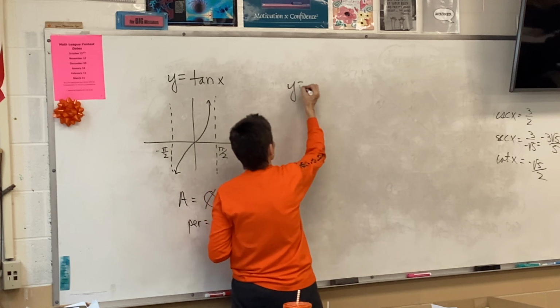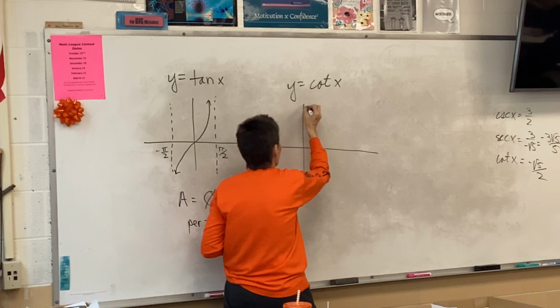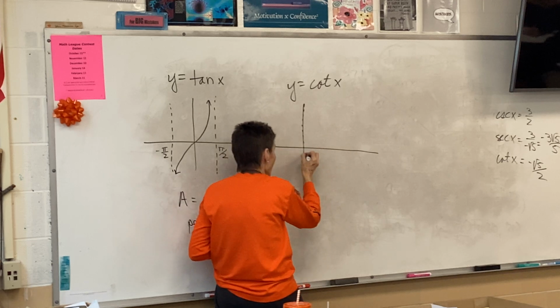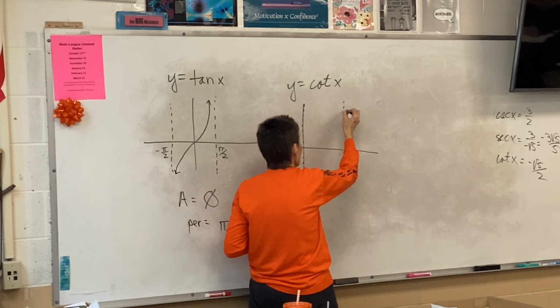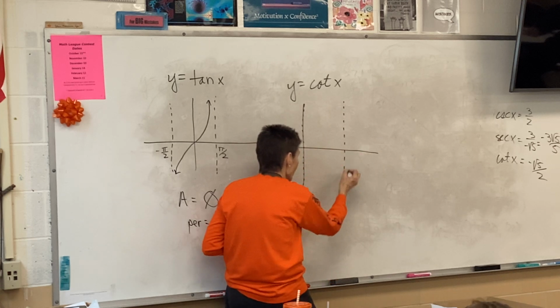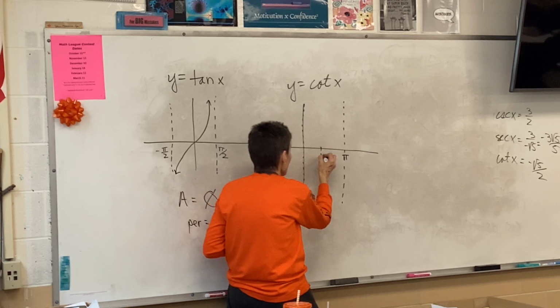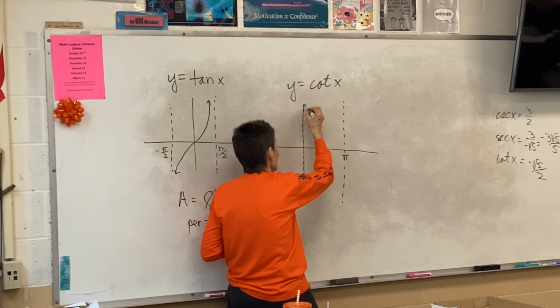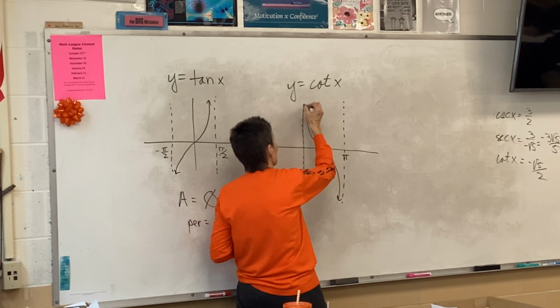Cotangent has an asymptote on the axis, another asymptote at pi, and a squiggle that goes down through the point pi over 2.